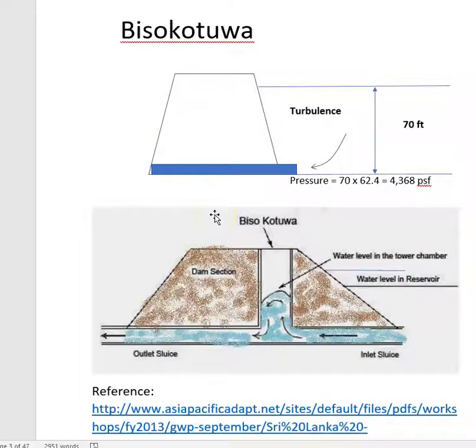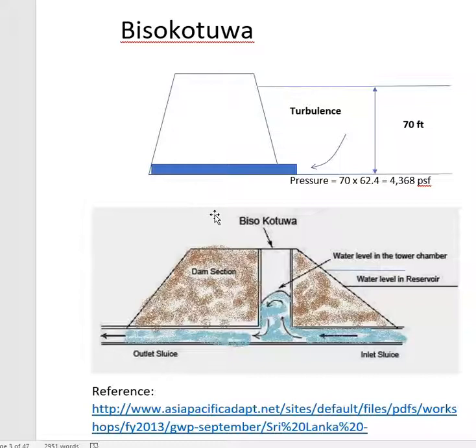So basically what we are seeing is that without Bisokotuwa, it's going to be extremely difficult. Without some kind of a pressure control system and a volume control system, it's going to be very difficult to build large reservoirs.